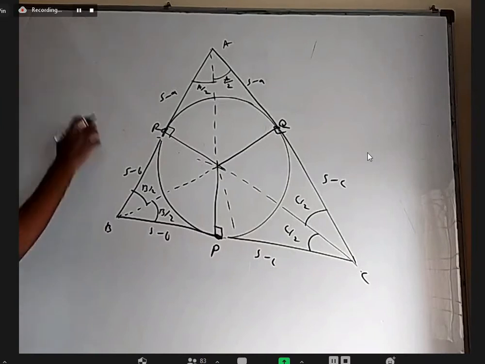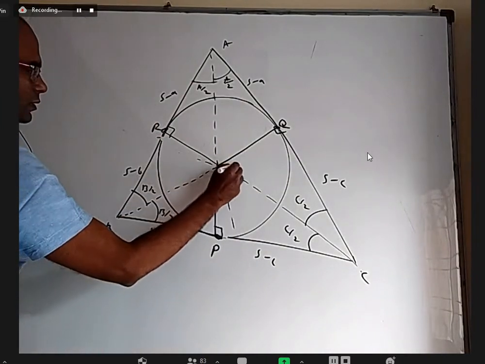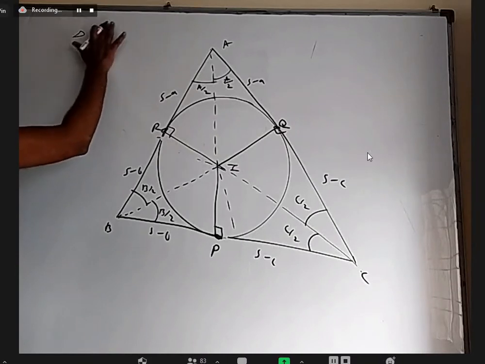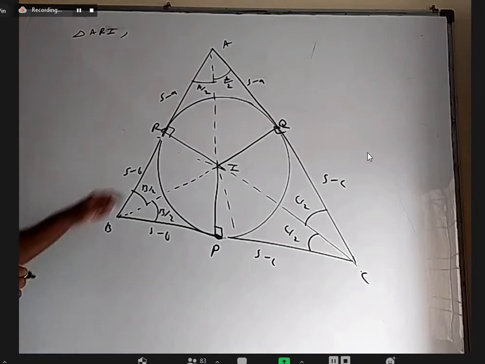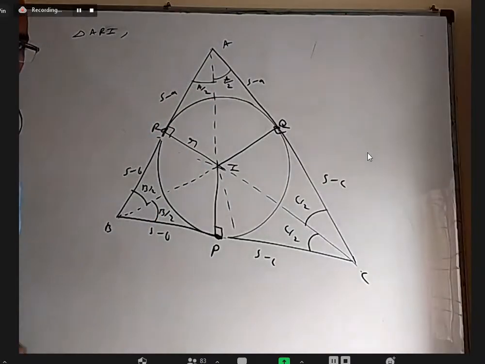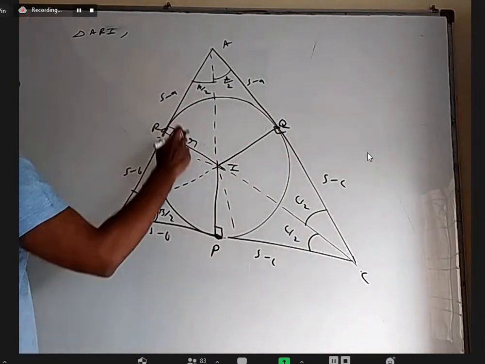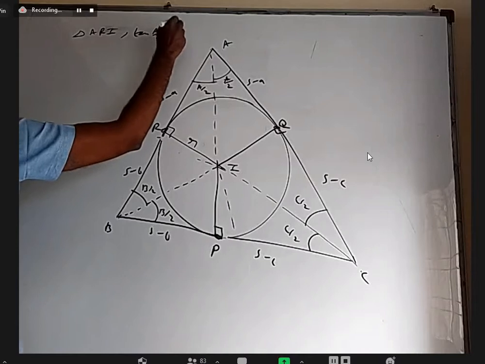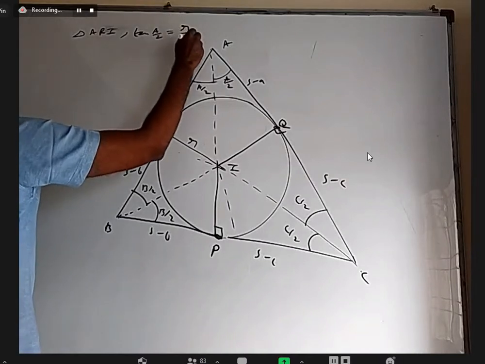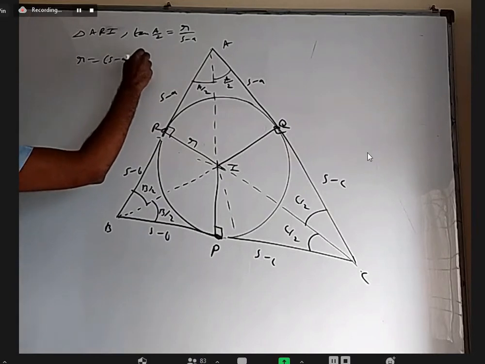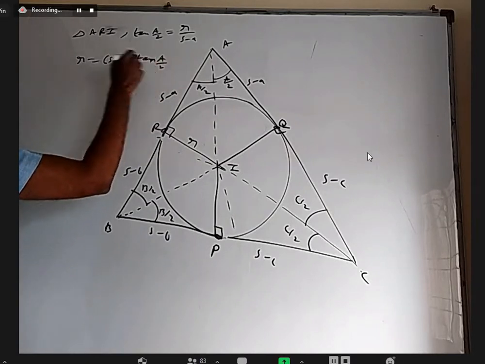So if you take triangle ARI, this is I. In that, this is s minus a, this is a by 2, and this is r. If I take tan theta, this by this will come. Tan a by 2 will come r by s minus a. Bring here, we'll get r equal to s minus a tan a by 2. That is a formula.